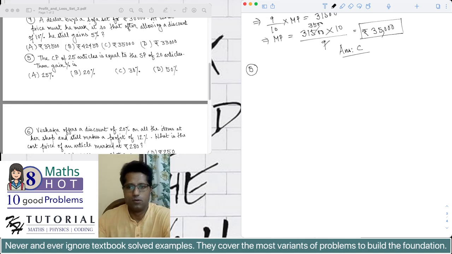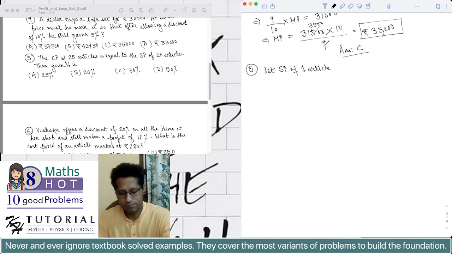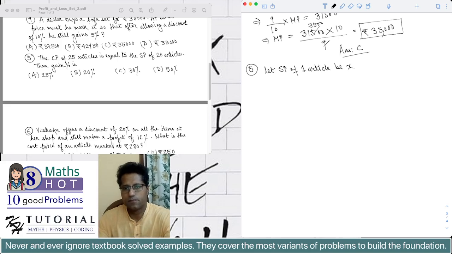Okay, so let the selling price of one article be X. So this implies selling price of 20 articles is equal to 20x.